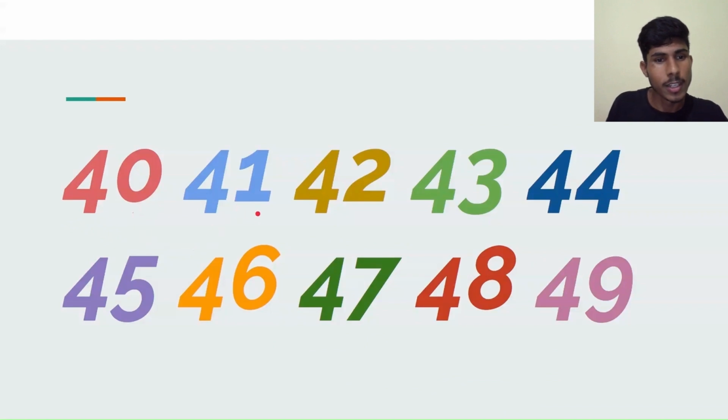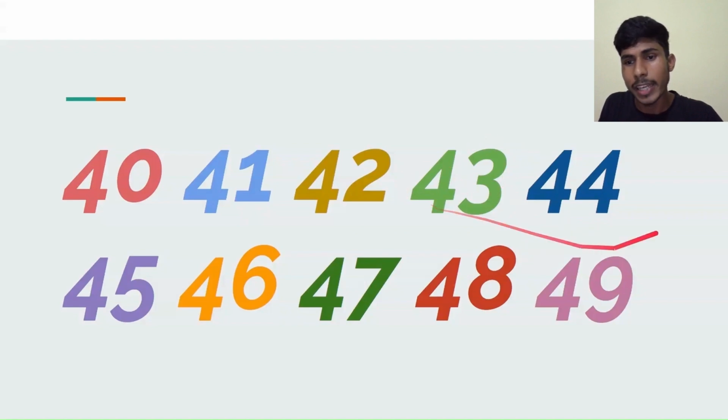and next number is, you just have to change this 0 to next number, that is 1. So you will get 41, and next number is, you just need to change this right digit from 1 to 2. So you will get 42, and the next number is 43, and the next number is 44, keeping the left digit same as 4.